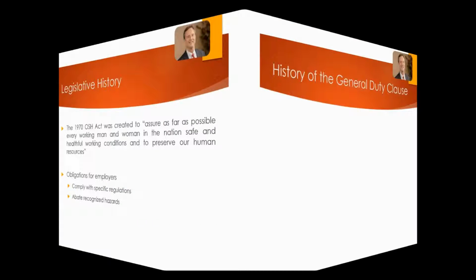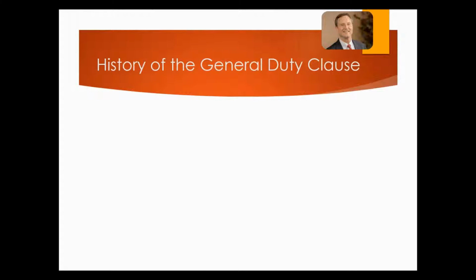Now, the history of the general duty clause. The reason that this is important is because these debates that were recorded in Congress in 1969 and 1970 supply documentation on the purpose and also limitations of the general duty clause.